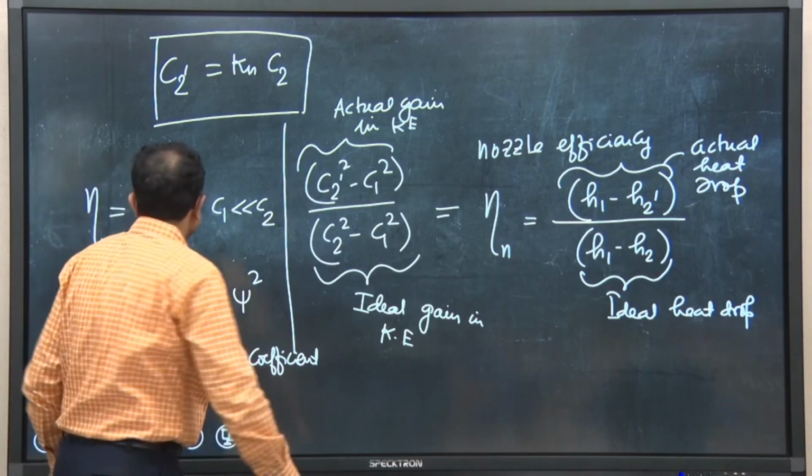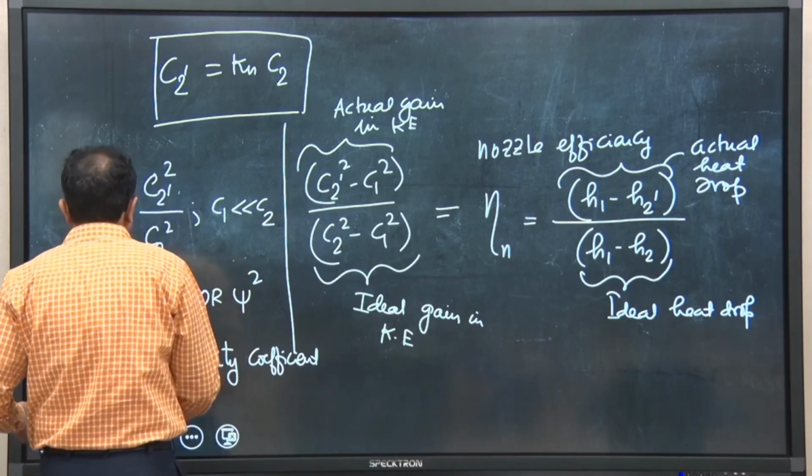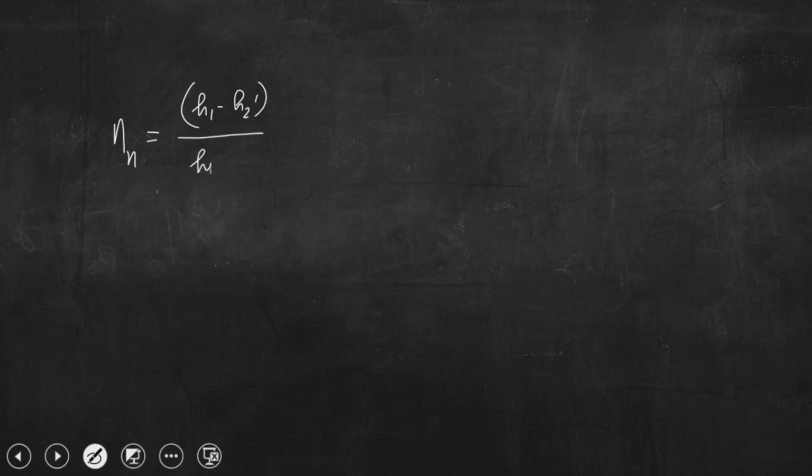So, in reality the nozzle efficiency, eta nozzle, equals H1 minus H2 prime divided by H1 minus H2. This is the ideal heat drop, this is the actual heat drop, and we can also approximate it as C2 prime square divided by C2 square.